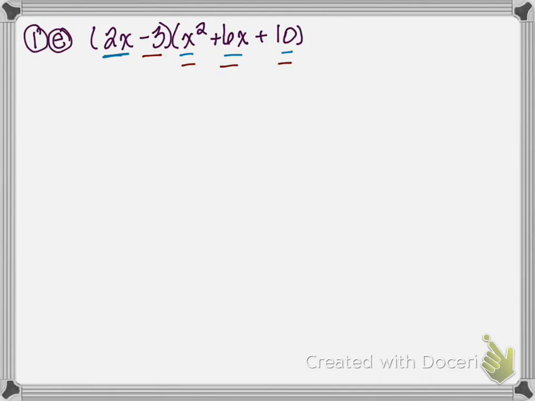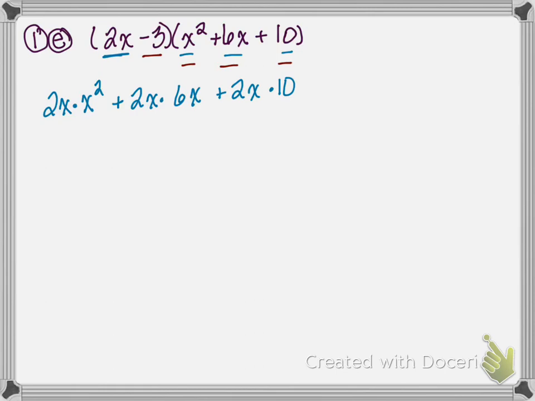So I am going to work on that right now. I have 2x times x squared. Then I'm going to have 2x times 6x. And then I'm going to have 2x times 10.